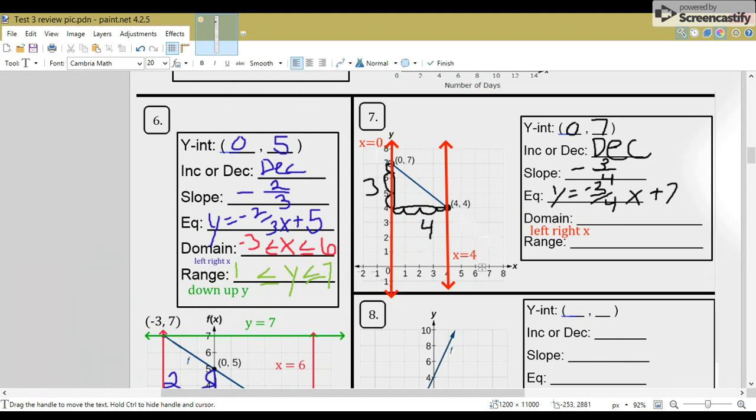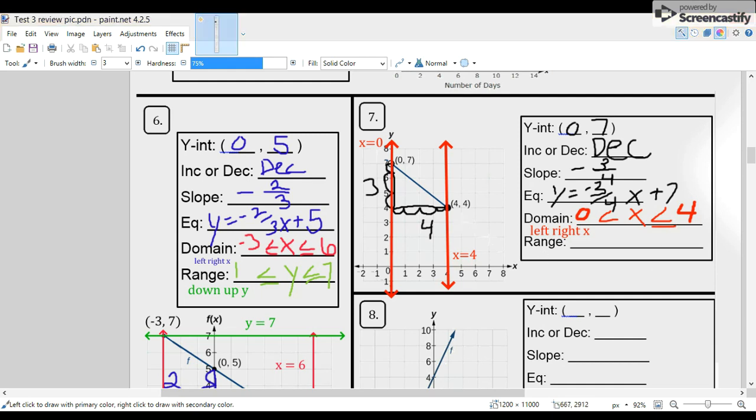So for our domain, left, right, x, we put 0 on the left side and 4 on the right side. We're talking about domain, so we put the letter x, and we put our less than symbols. Notice on our left side, we have a hole, so there's no line. On the right side, we have a closed point, so we have a line.